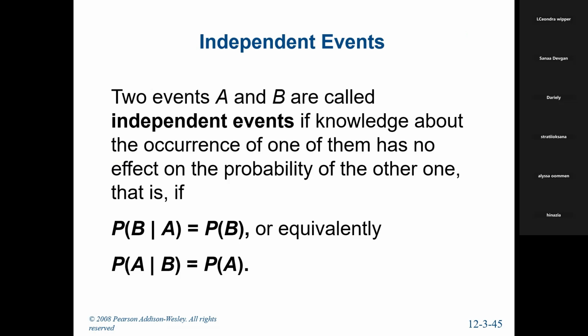That is, if the probability of B given A equals P of B, or equivalently, the probability of A given B equals P of A. If this happens, the two events A and B are independent.